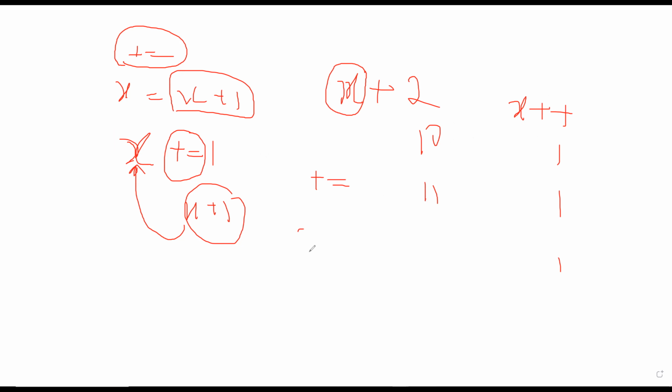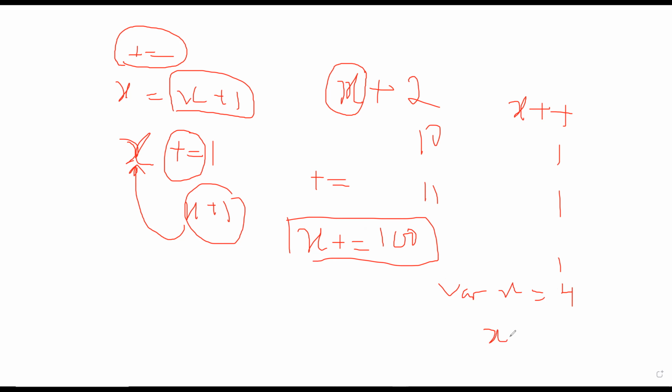So if I do x plus equal 100, what I'm saying is that whatever the previous value of x was, add 100 to it, then you assign it to x. So there's a variable x with a value maybe 4, and you are now doing x plus equal 100.